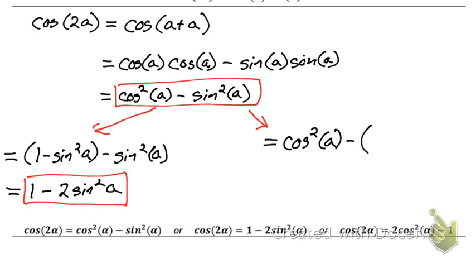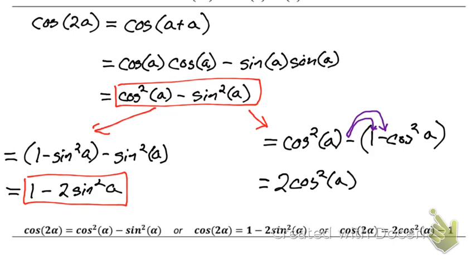Minus quantity 1 minus, that's not cosine, that's sine, cosine squared a. When I distribute this negative sign, we're going to have a negative 1 and a positive cosine squared. That's why we're going to end up with 2 cosine squared a minus 1.